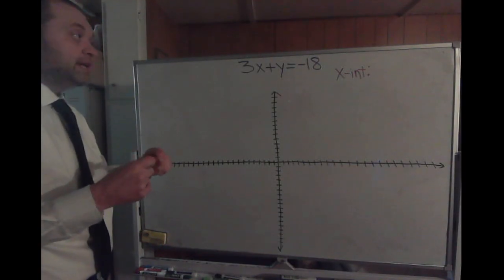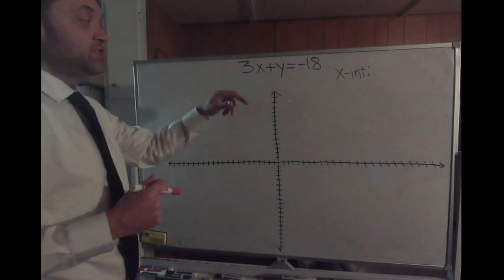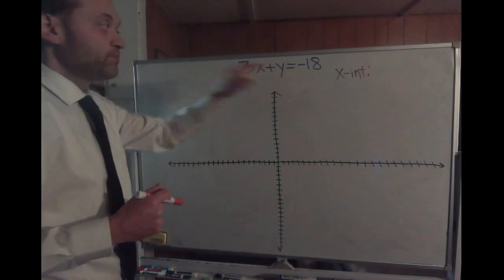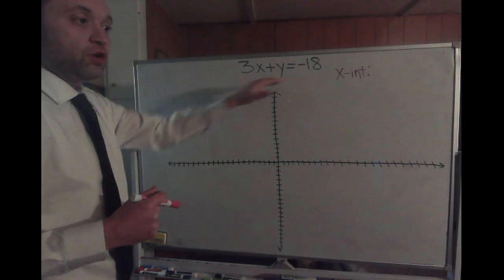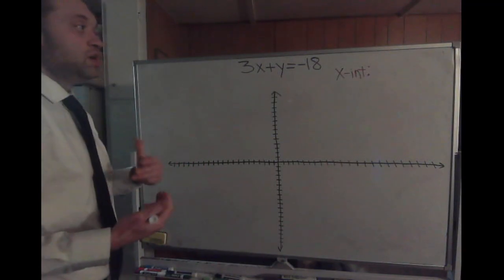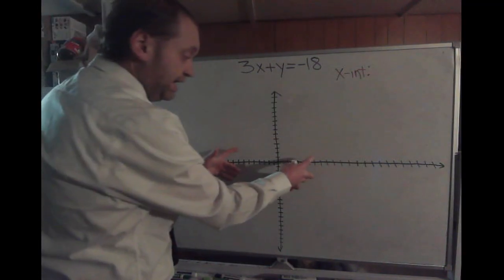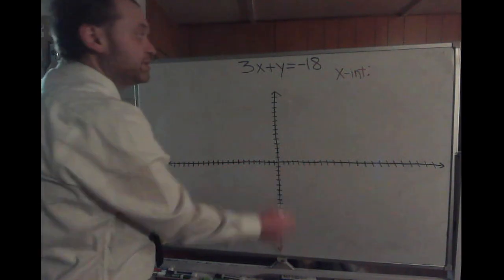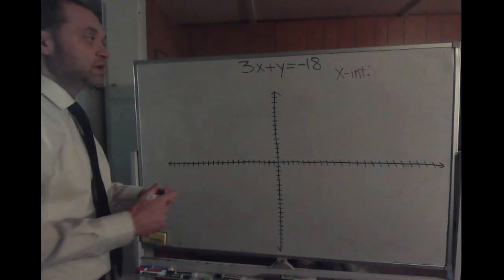So what that means is you need to set the y value equal to 0 in order to find the x-intercept, because the x-intercept is when your graph is crossing the x-axis itself and the y-coordinate's always 0.